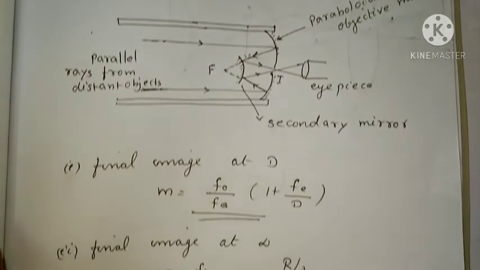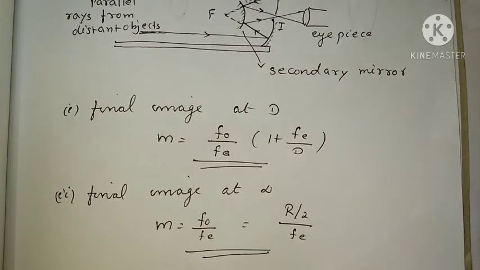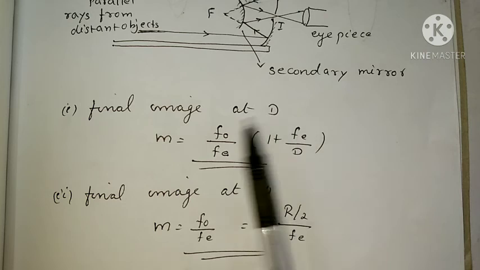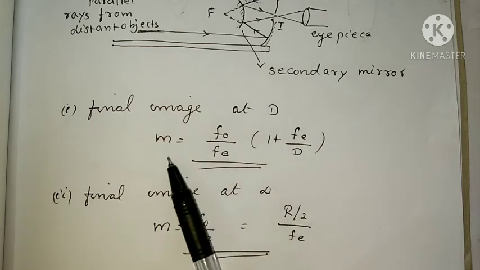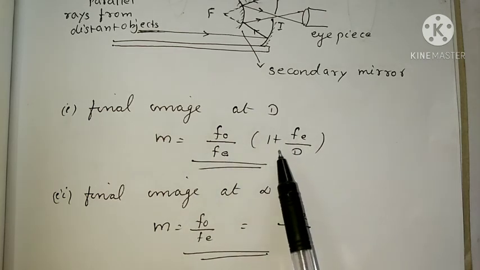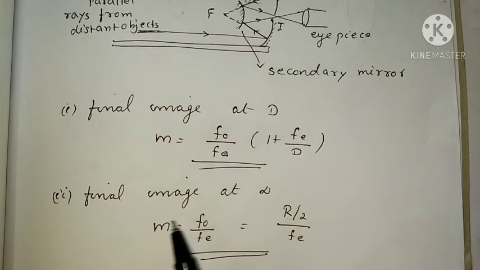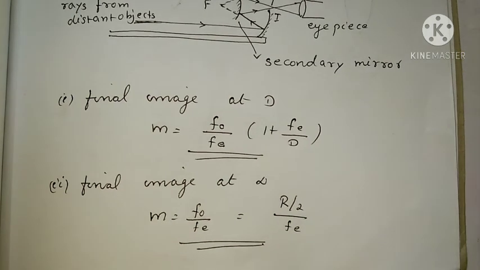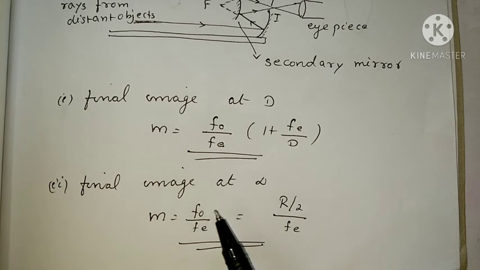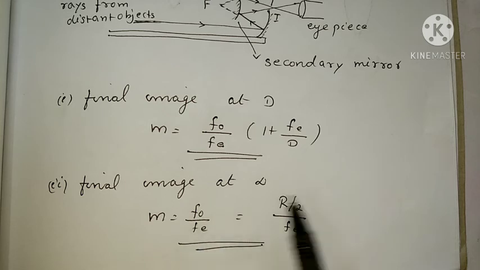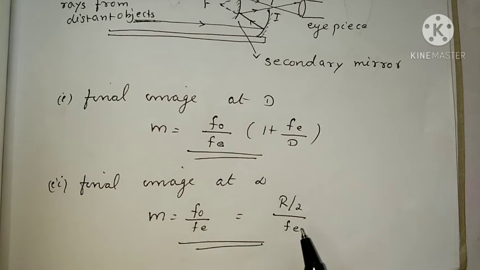We can find the magnifying power when the final image is at D: m equal to f0 by fe into 1 plus fe by d. When the final image is at infinity, m equal to f0 by fe, and for the objective we can put R by 2, so m equal to R by 2 divided by fe.